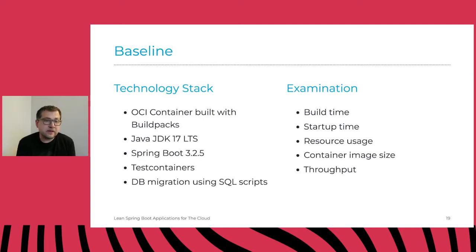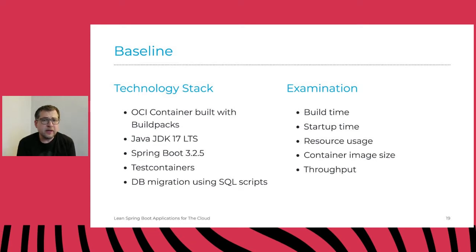For my baseline I use Java JDK 17, and also the latest version of Spring Boot, being aware that in 2 days, Spring Boot 3.3 will be released, right? For testing, we use Testcontainers because that's part of the stack. And then we also use a migration script to do the DB migration to populate the data into the application, which is part of the startup sequence of the application.